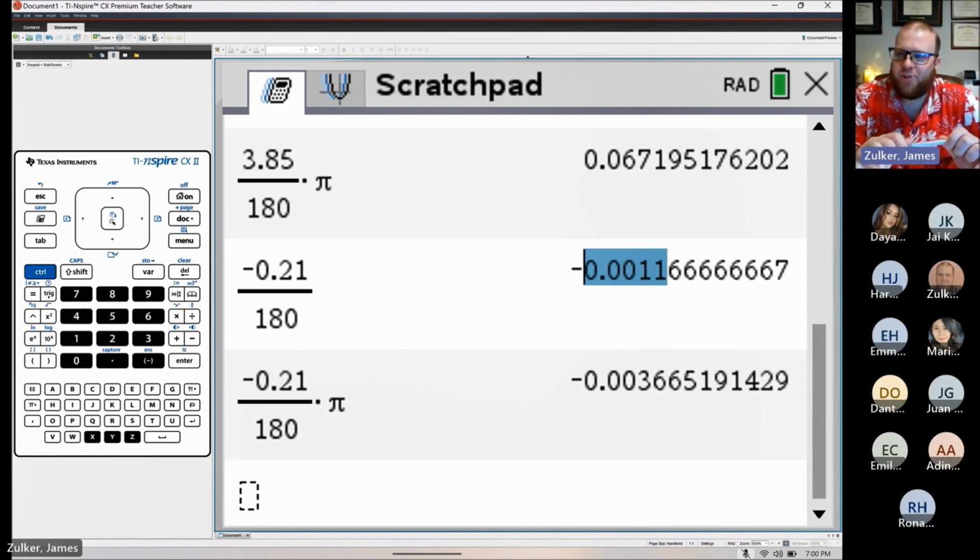When dealing with operations, there's a rule for when you're doing addition and a rule for multiplication. Addition, you keep the fewest number of decimal places.